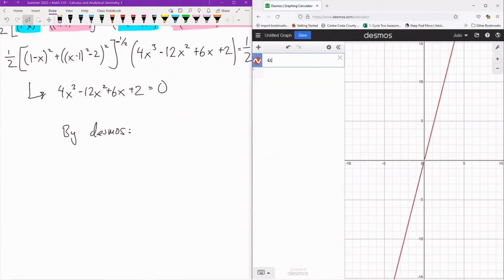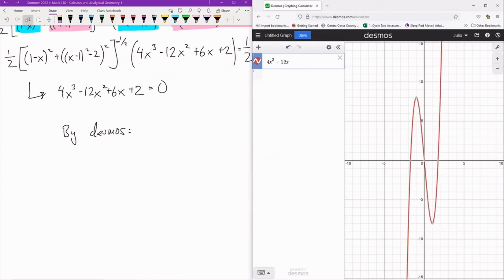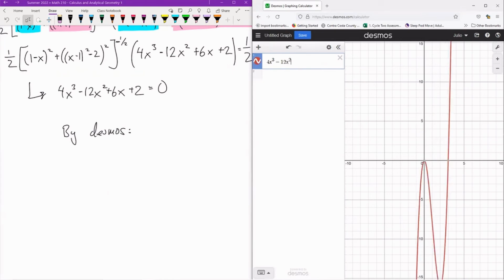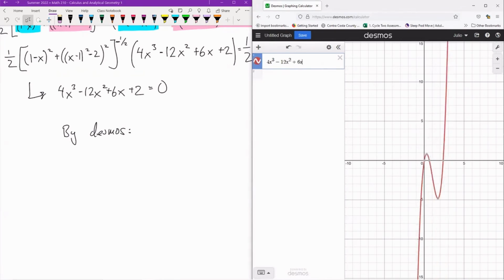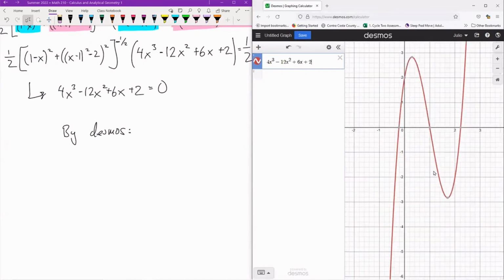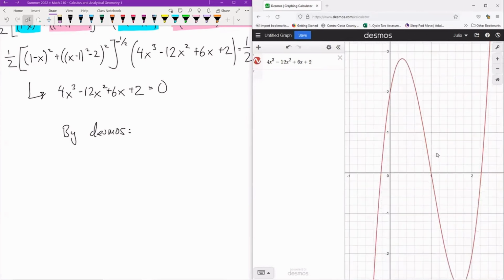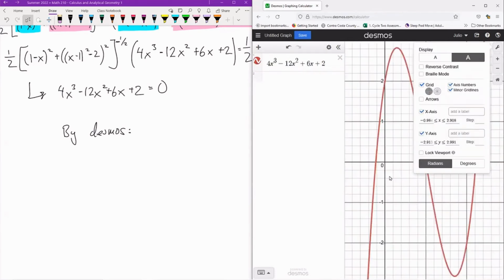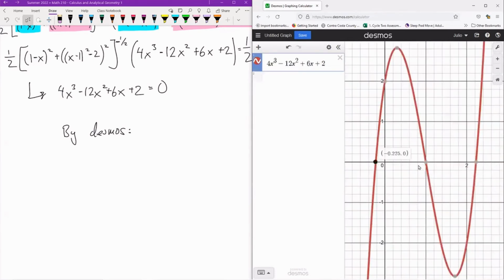So 4x cubed minus 12x squared plus 6x plus 2. I need to find out when it's equal to 0. There's 3 points there. There's that one, and that one.